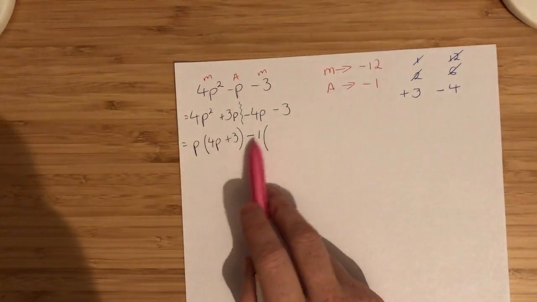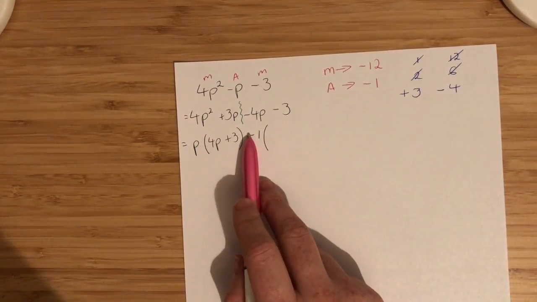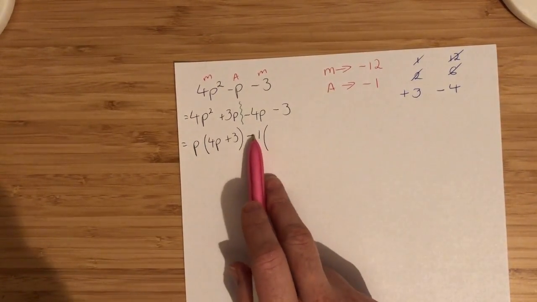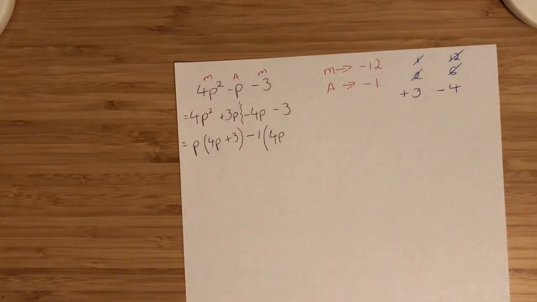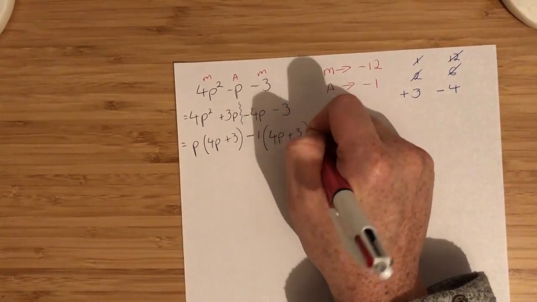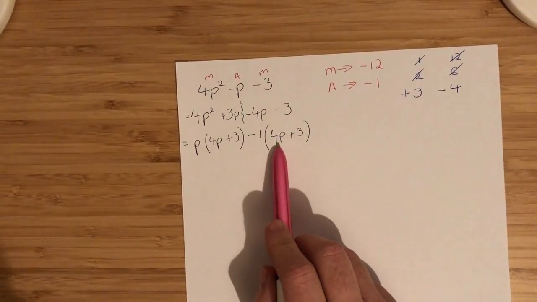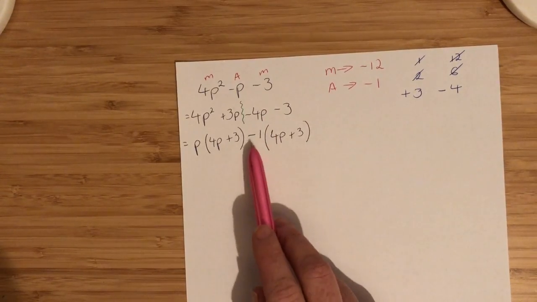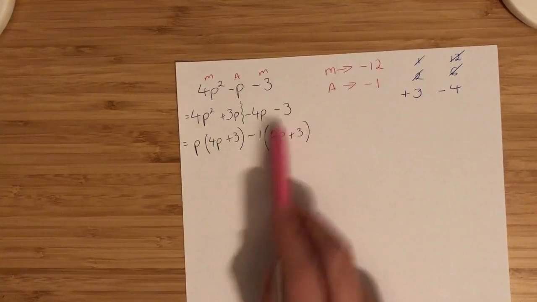We did a minus 1 there because there was a minus sign here. We just always take that down. So minus 1, we've taken the negative out here, which means it's going to be 4p and plus 3. To just double check that, minus 1 times 4p is minus 4p, minus 1 times positive 3 is minus 3.